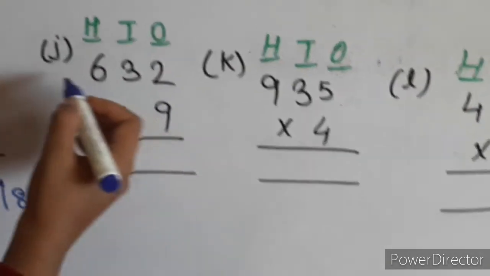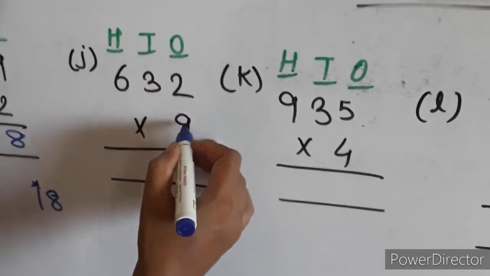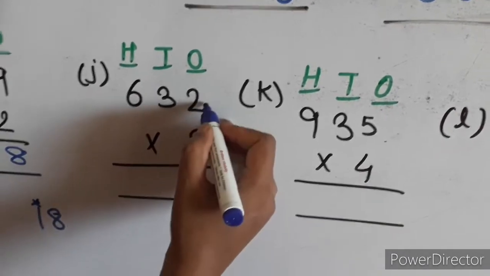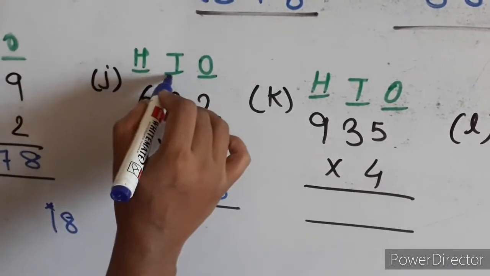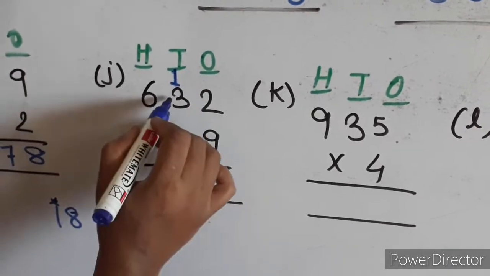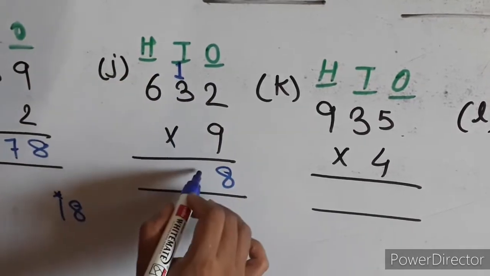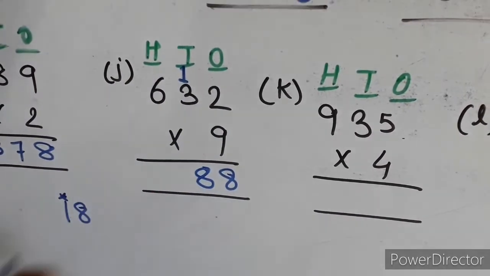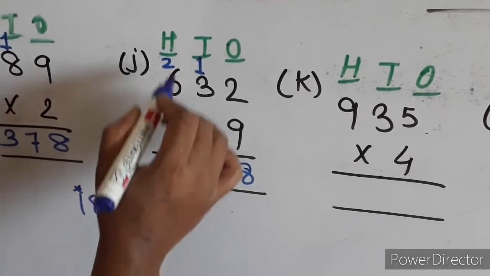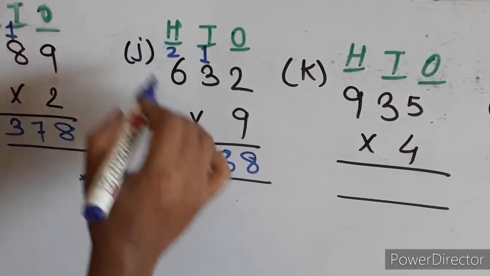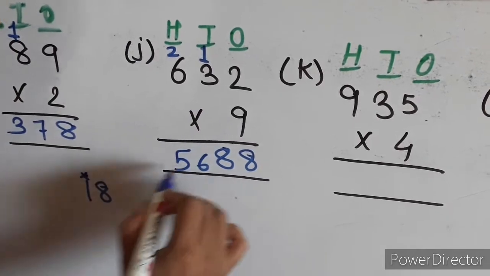Then the next one. If you multiply, 9 into 2 is 18. Again 1 will come here. And 9 into 3 is 27 plus 1 is 28, and this 2 will come here. 9 times 6 is 54. 54 plus 2 is 56.